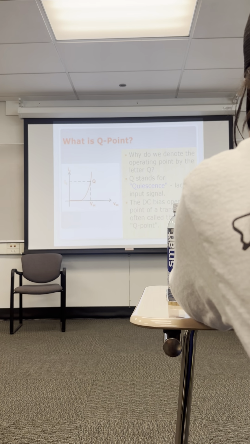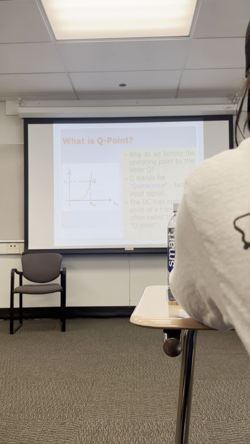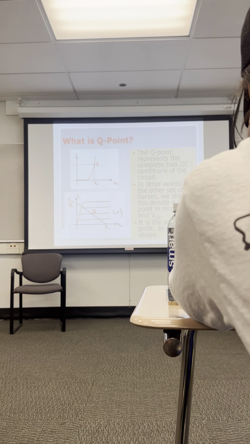So the quiescent or Q point is the lack of input signal. And if there are capacitors in the circuit, you definitely don't want to have the AC input, because capacitors charge and discharge. You can change the voltage in that circuit.